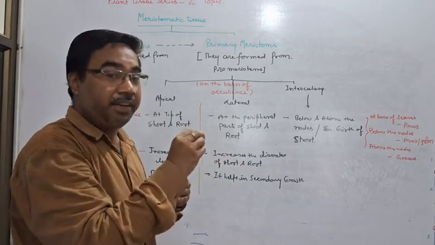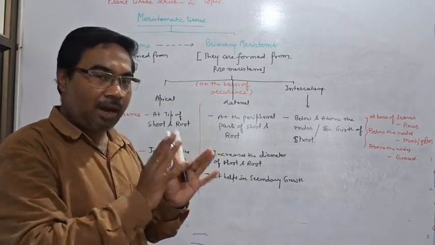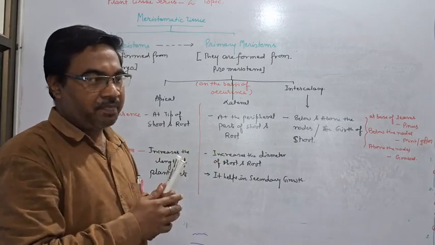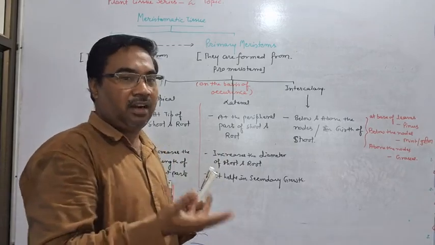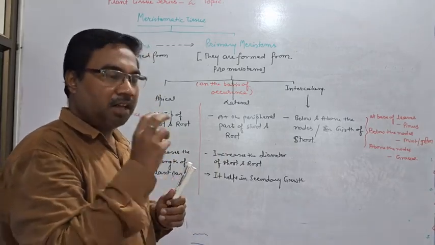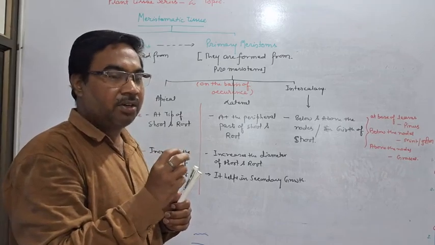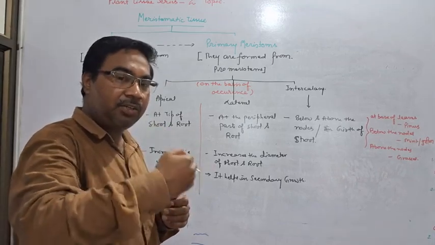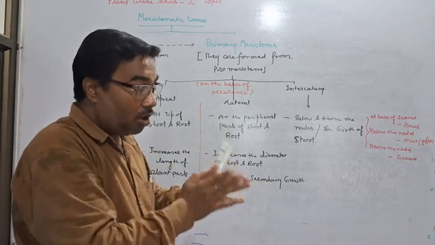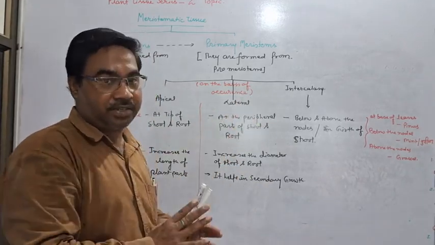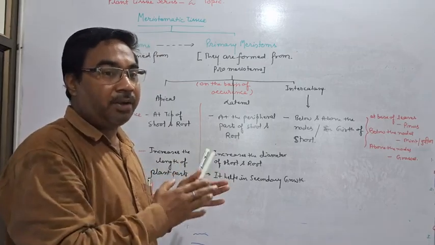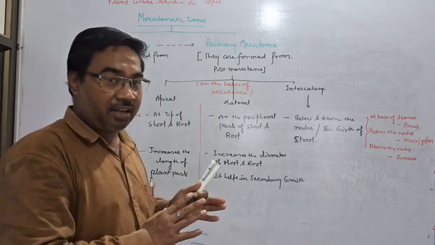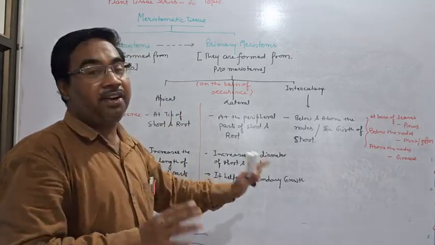But when it gets differentiated, up to differentiation, it is primary. But sometimes, due to any injury or cut in the plant, certain parts start to divide again, which were already differentiated once. If division starts in parts which were already differentiated earlier, then it is called secondary growth.